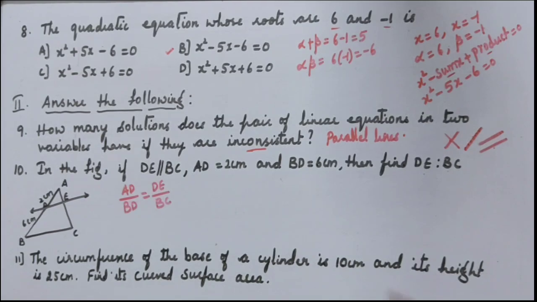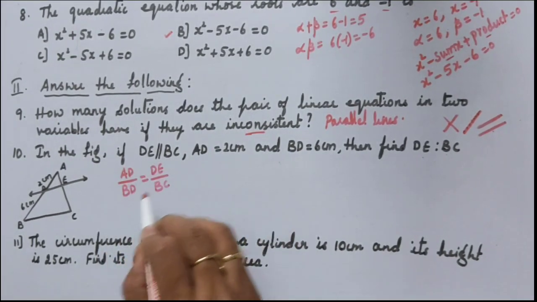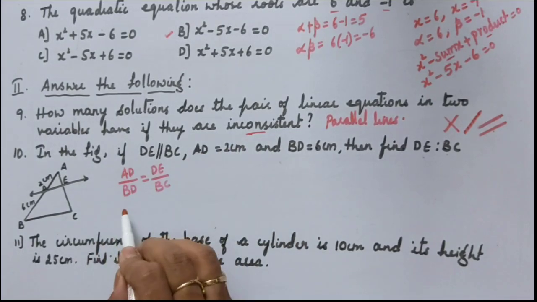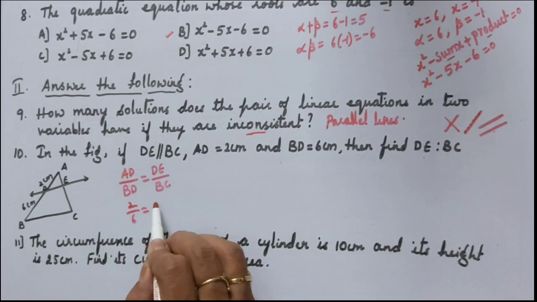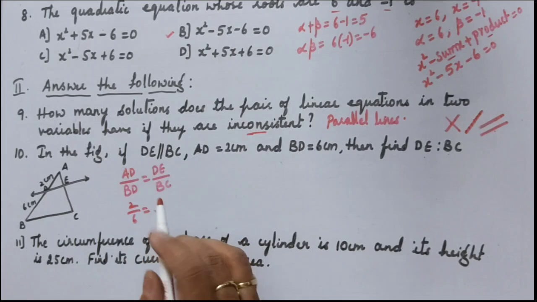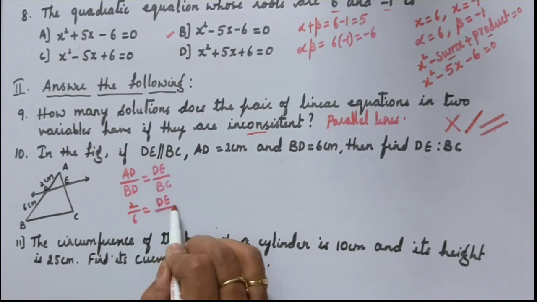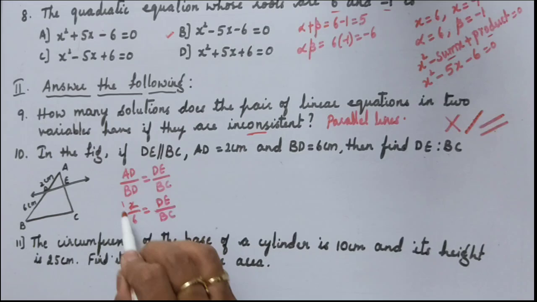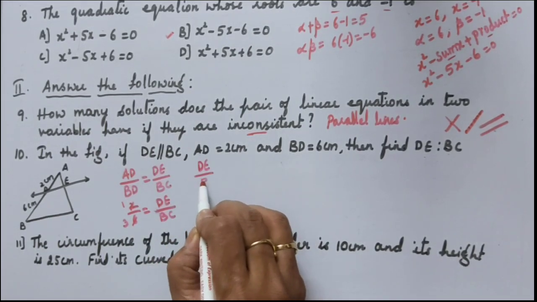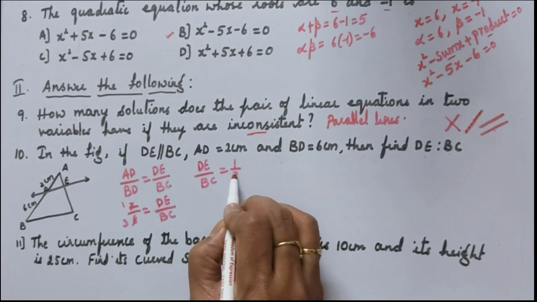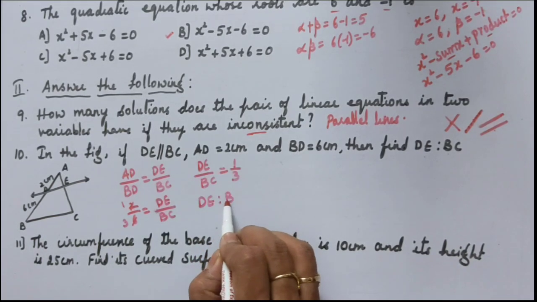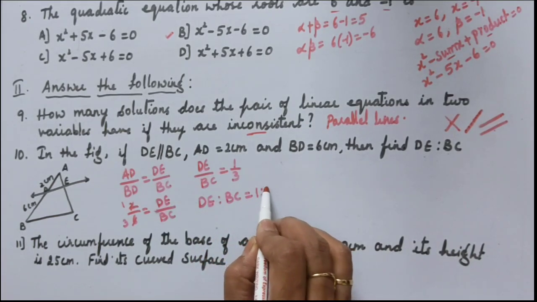Now here AD value is 2, so 2 upon 6 is equal to DE upon BC. 2 ones are 2, 2 threes are 6. Therefore DE upon BC is equal to 1 upon 3. So let us write this in ratio: DE is to BC is equal to 1 is to 3.